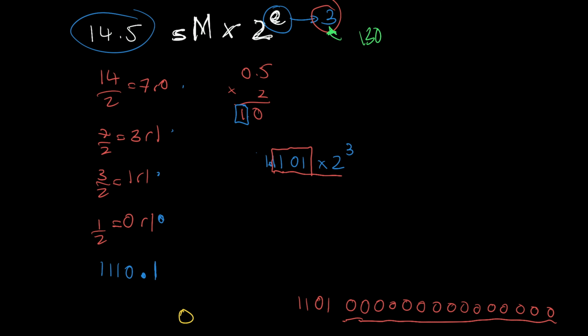So how do we turn 130 into binary? Divide by 2. Yep. Quick maths. 130 divided by 2 is 65. Remainder 0. Okay, 65 on 2.